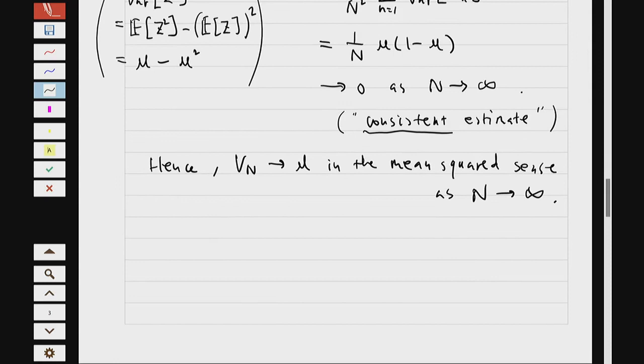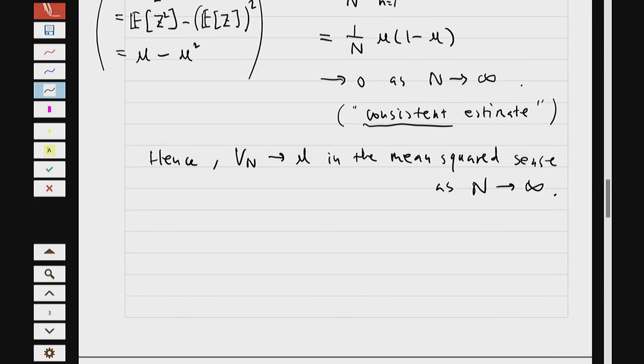So it turns out that we can go one step further to claim that this also implies that we have convergence in probability, that we can bound the difference between Vn and mu with high probability.